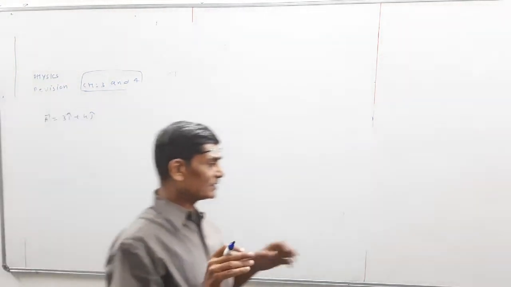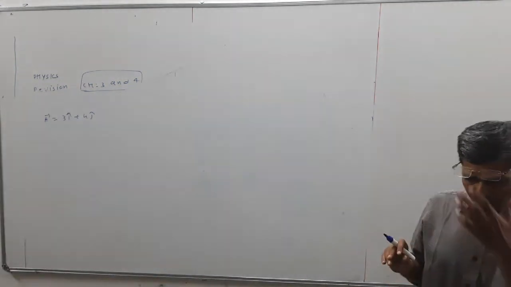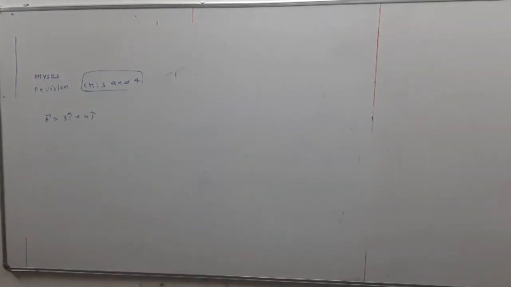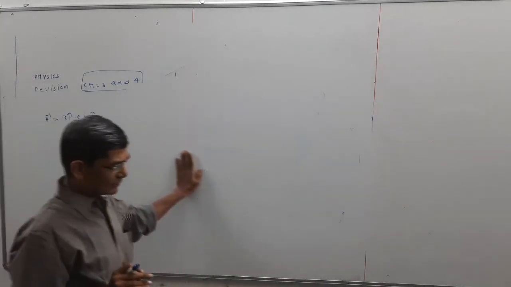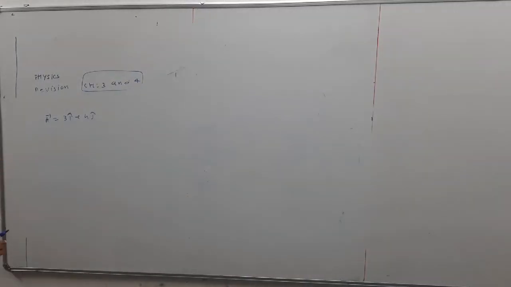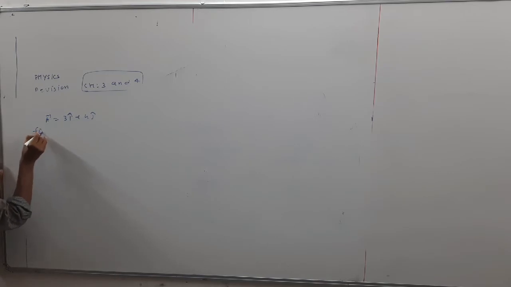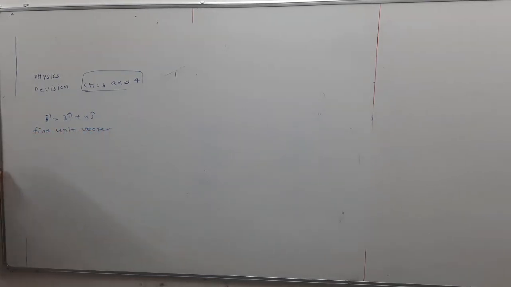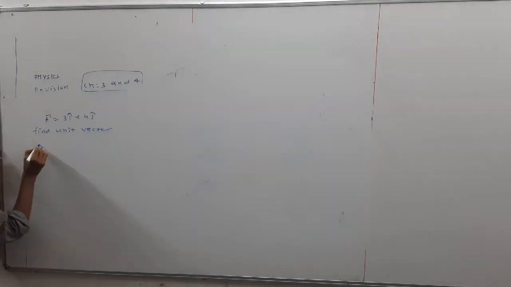See, books have said some basic things, but many times we have to find out things that are not given, so we should discuss them here. How do we get a unit vector? A vector upon its magnitude.